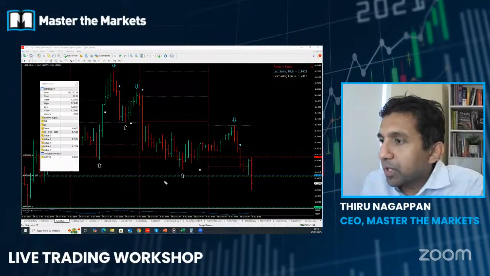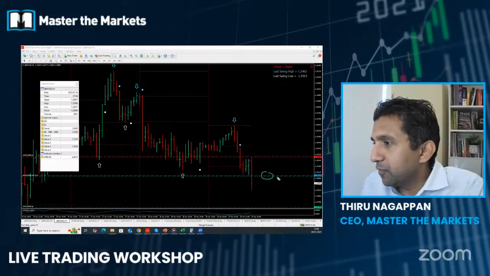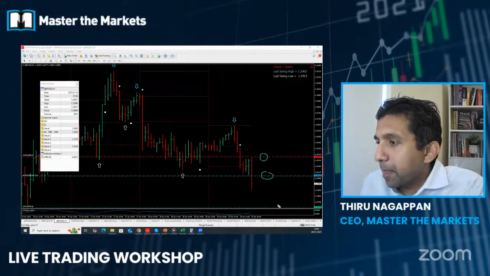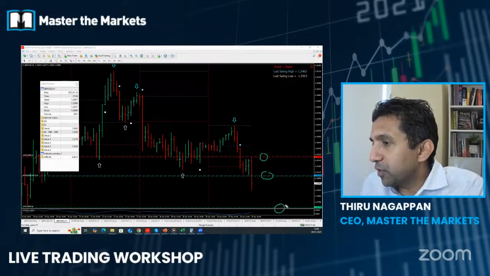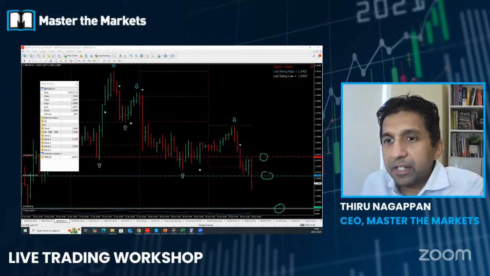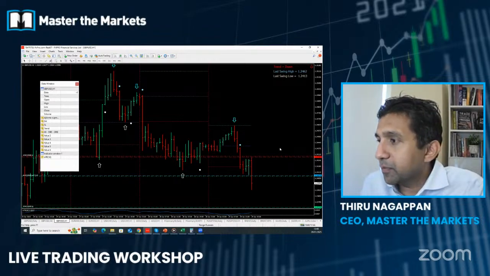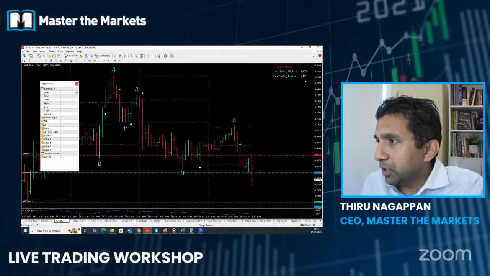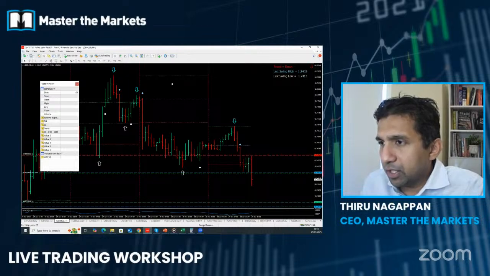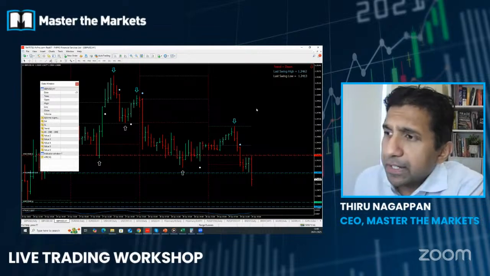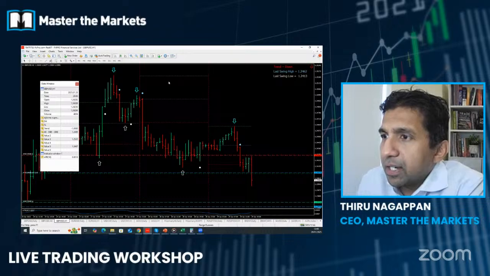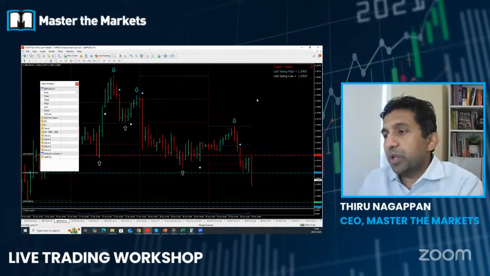This is the entry where we got in, 2407, with the stop at 2428, and the target is towards the range, which is at 2373. We took a look at a few of the time frames for alignment. There were a few other trades setting up as well, but I only had the time to take this one because everything aligned. Now, what is the rationale behind this trade setup?